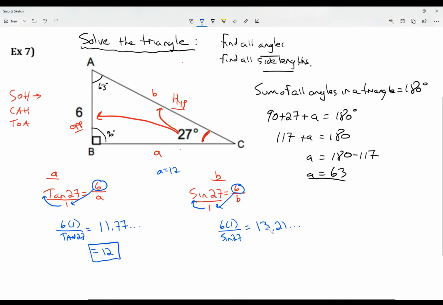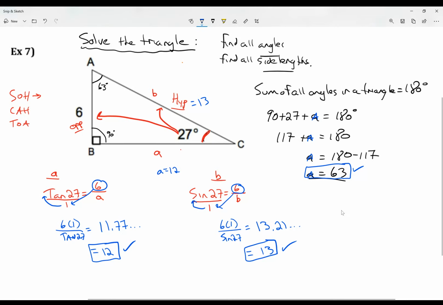If I round, it's 13. Why does it make sense that it's a bigger number? Well, it's the hypotenuse of the triangle, so it should be bigger than one of the legs. And so I have found all of the side lengths. I've found side length A, side length B, and I found angle A. I should have made that a capital A to be consistent.